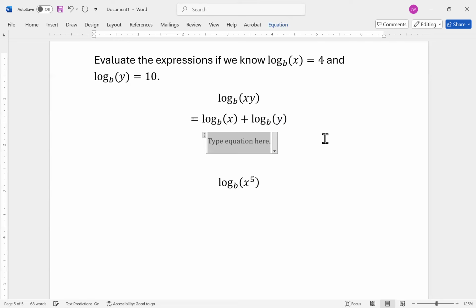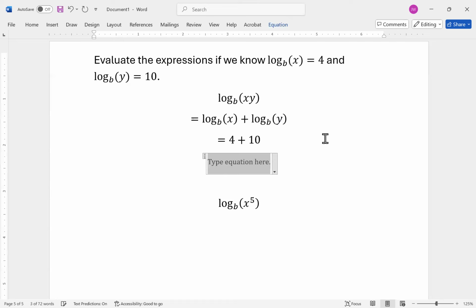Now I know each of these values. Log base b of x is 4. Log base b of y is 10. That means log base b of x times y is equal to 14. There are other ways you could have gone about doing that, but I think this is the most straightforward.